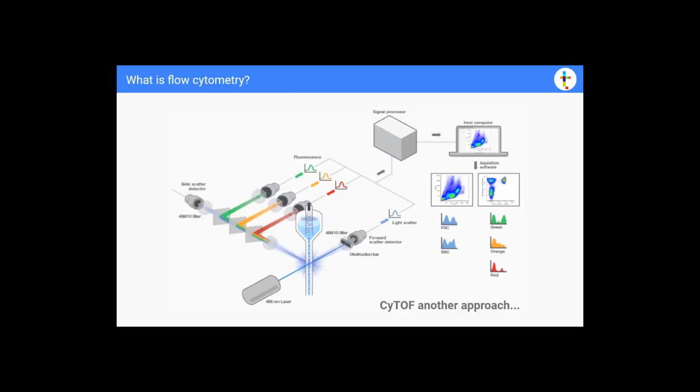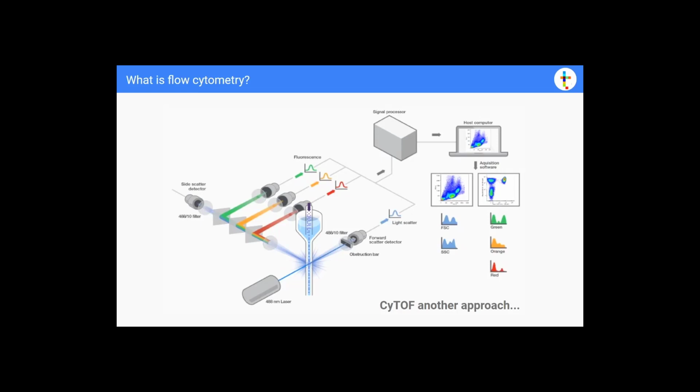So, cytometry, what is it? It's a powerful technique where you have a flow of cells going past a laser, and these cells have been previously fixated with conjugated antibodies, and you conjugate them with fluorochromes.